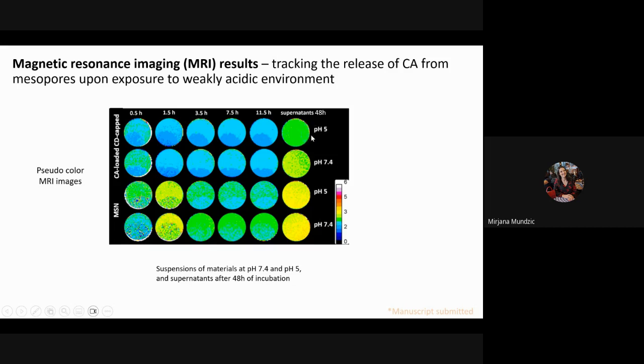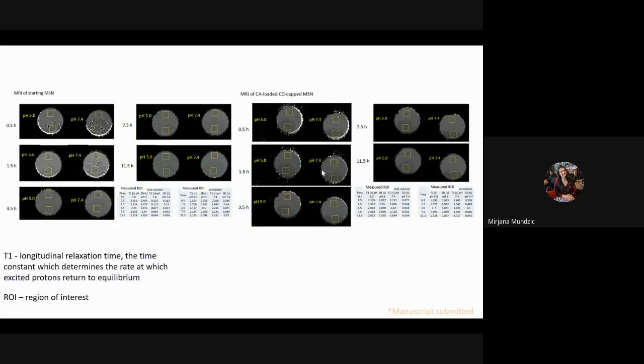So the release of contrast agent is higher at pH 5 than it was at pH 7.4. But I know it is pretty hard to interpret these results. That's why we have here not so nicely colored, but these are the results.